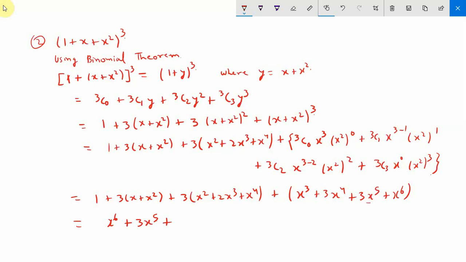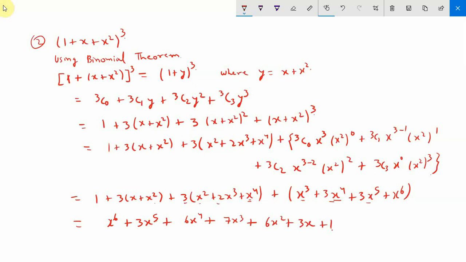Only one term. Then x to the power 4 is 3 and 4, okay, this is 3 terms and this one but multiplied by 3, so 6x to the power 4, plus x cube, see 3 into 2 is 6, 6 and 1, 7x cube, plus x square will be 3 and 3, 6x square, plus 3x, okay, plus 1.